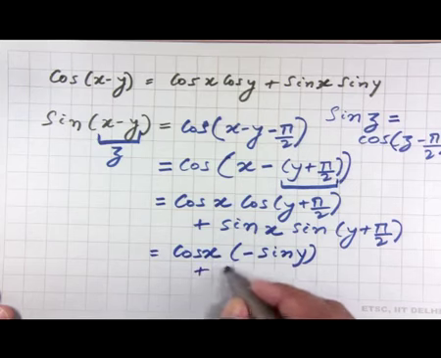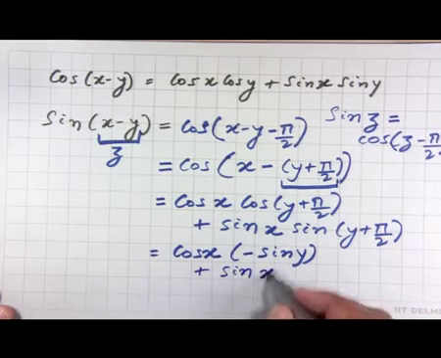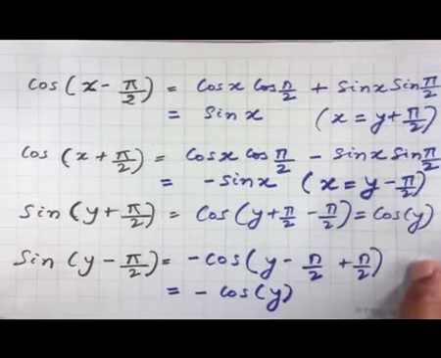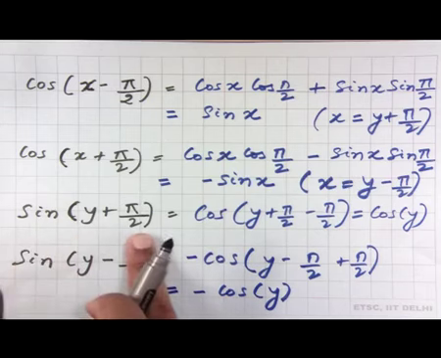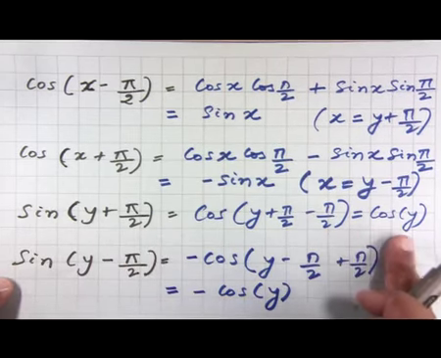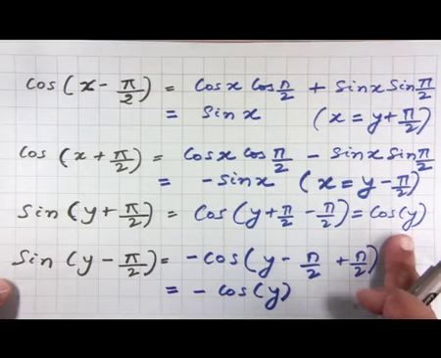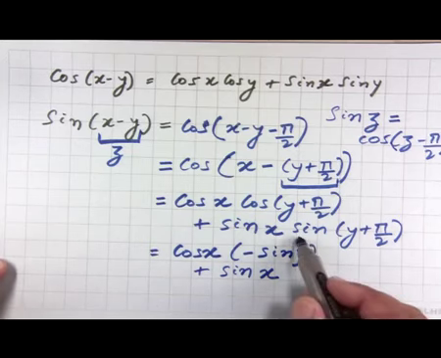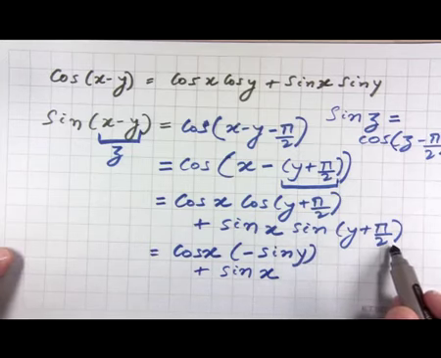Plus sin x, and then again from the previous slide we had derived that sine of y plus pi by 2 is the same as cos of y. So, using that we have sine of y plus pi by 2.